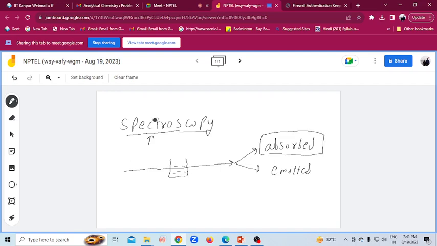Emission means first it will be absorbed and then it will be emitted. So you can measure either the absorbed light or the emitted light to determine which compound, which element, which molecule is present in your sample. For that you can use different types of spectrometers, like UV spectrometer, visible spectrometer, IR or infrared spectrometer.